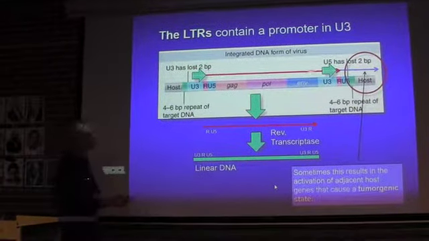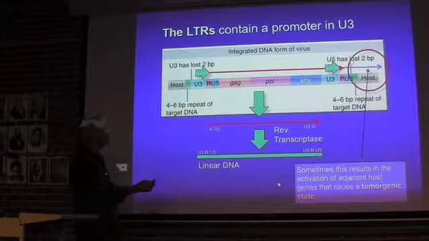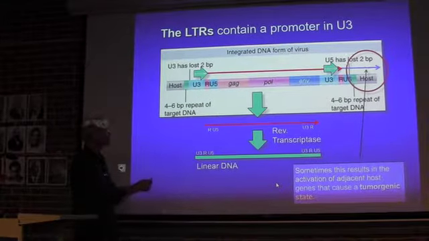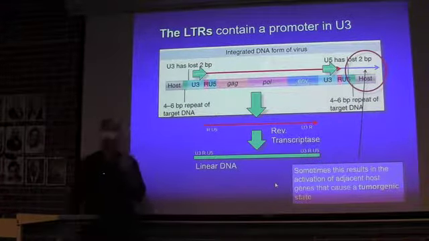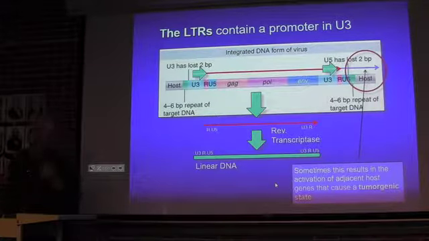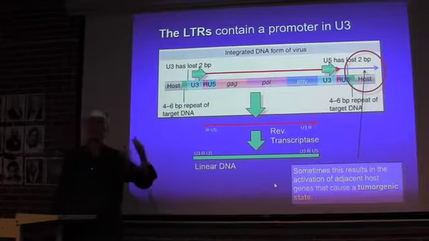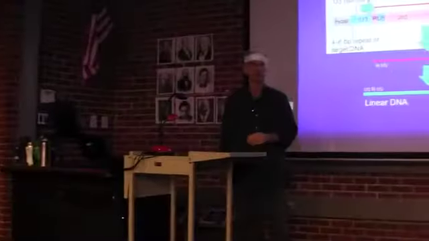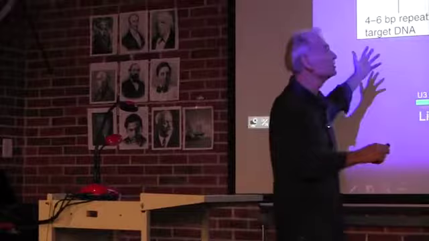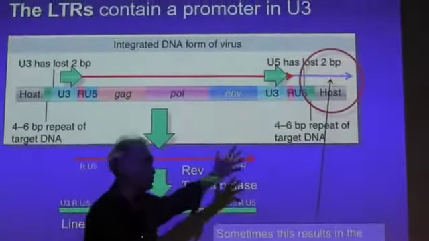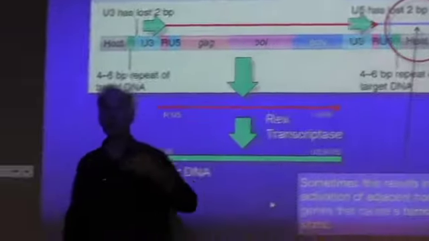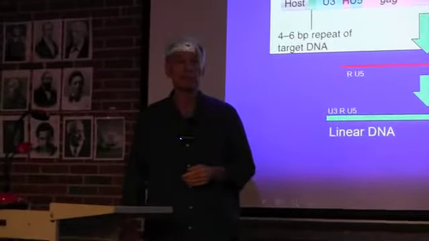Back to the original story here, sometimes the transcript, because it's Pol 2, polymerase 2, the signals that tell it to stop transcription are not well understood. It often will continue for several thousand base pairs beyond where it normally should stop.